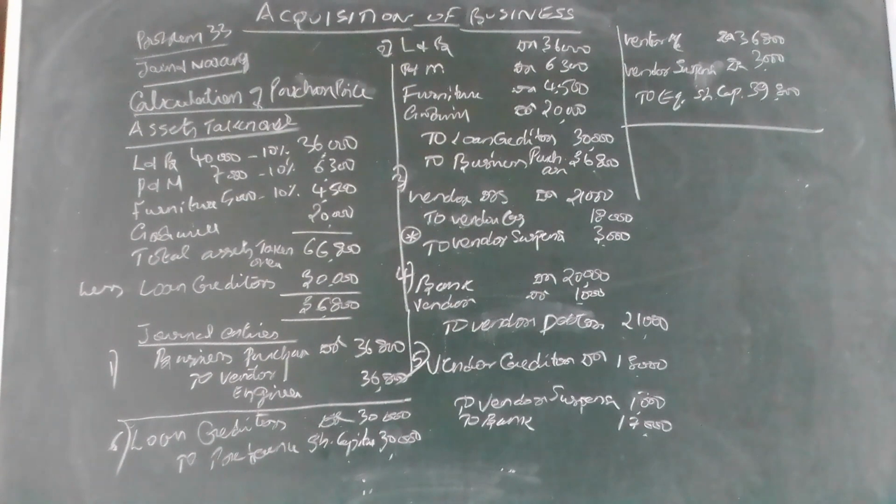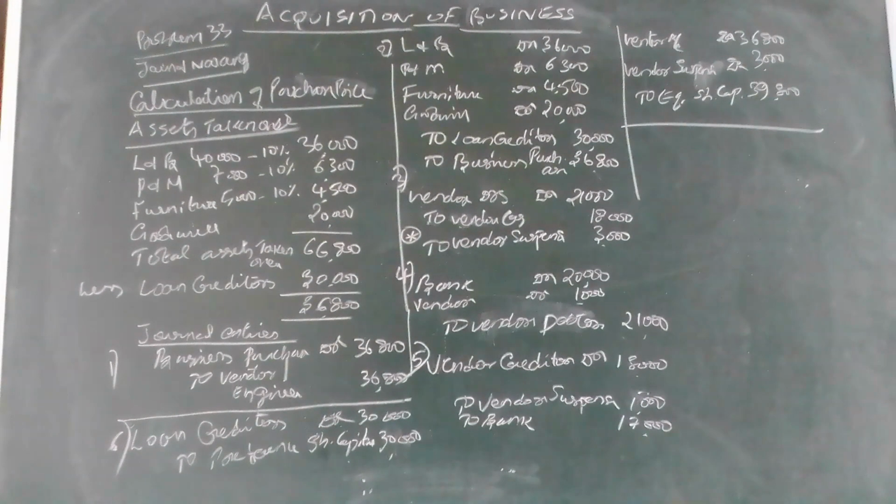On that, we are paying only 17,000. So the balance of 1,000 is taken in vendor suspense. What is the meaning of this? Total amount we have to pay is 18,000, whereas we are paying 17,000. So the suspense account, which comes to 1,000 rupees, is credited.